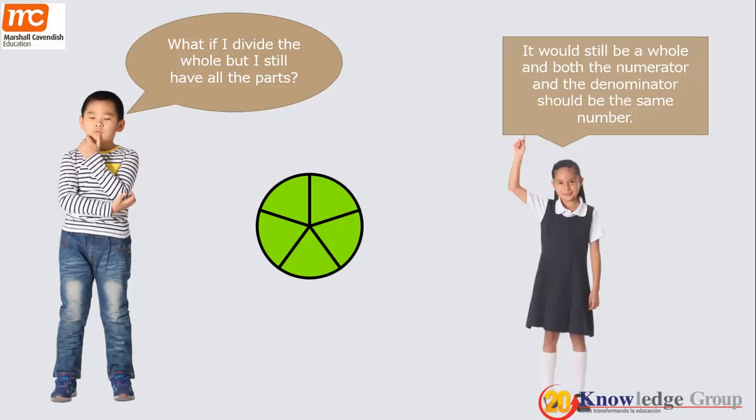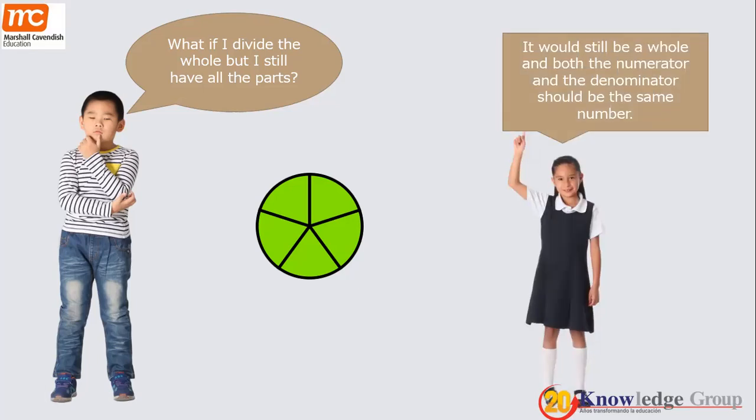Well, it will still be a whole because I still have all of it. And both the numerator and the denominator are going to be the same number. So I still have 5 out of 5, which is equal to 1, because it's one whole, one pizza, complete.